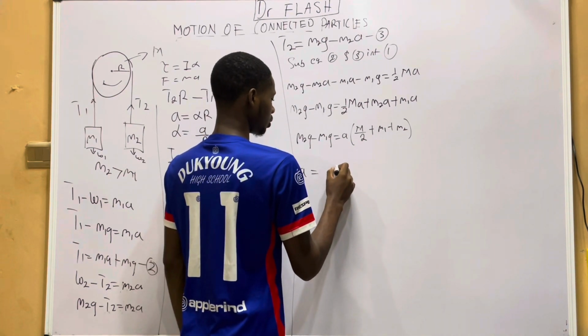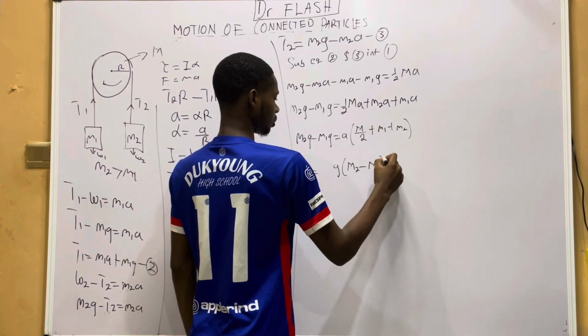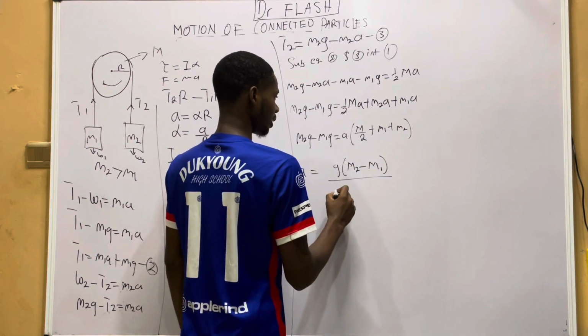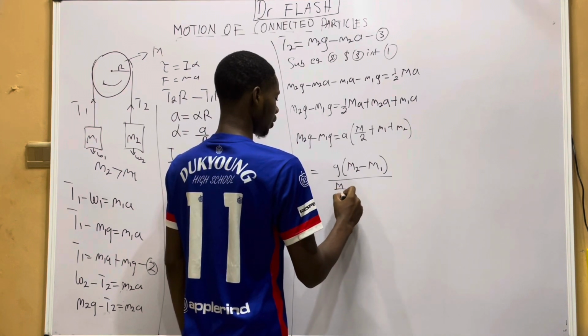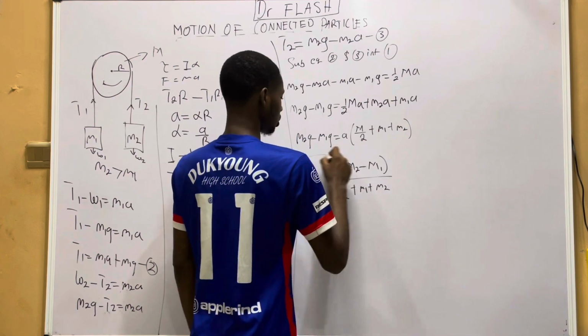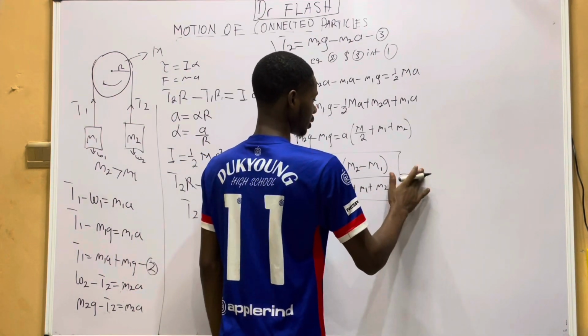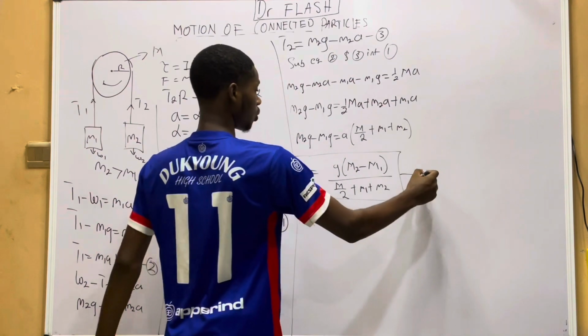So we have G into bracket M2 minus M1, divided by M over 2 plus M1 plus M2. Now here's the formula for calculating the acceleration. This will be equation 4.